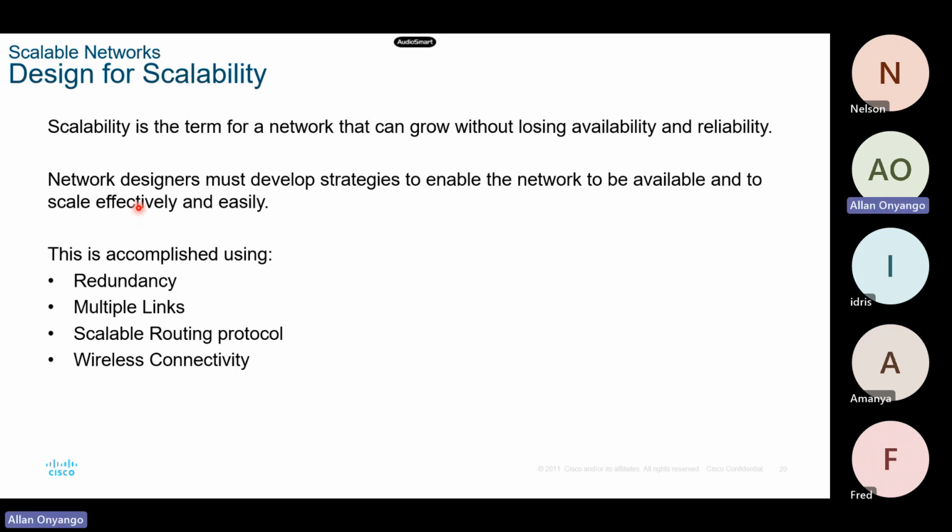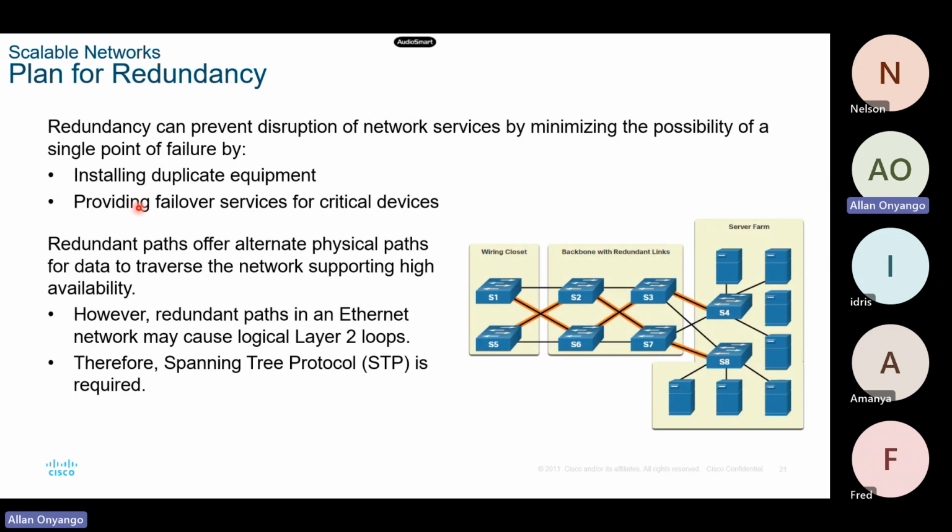So we have redundancy. We have multiple links, that is EtherChannels. We have scalable routing protocols, and OSPF plays a very critical role in that. We have wireless connectivity, which of course increases the access layer of our network. So let's talk about each of them one at a time.